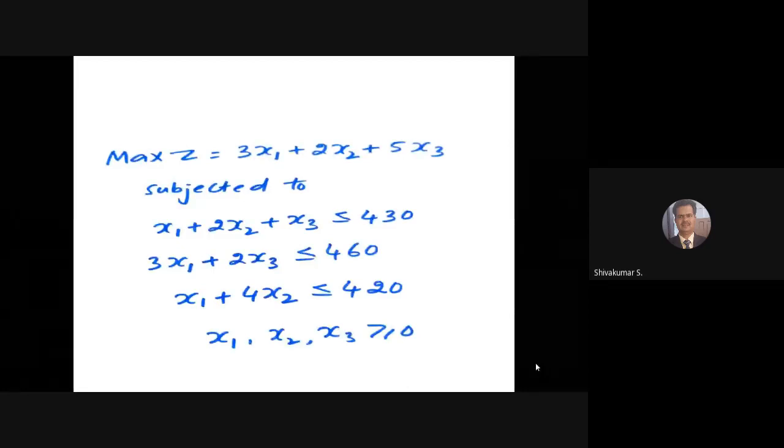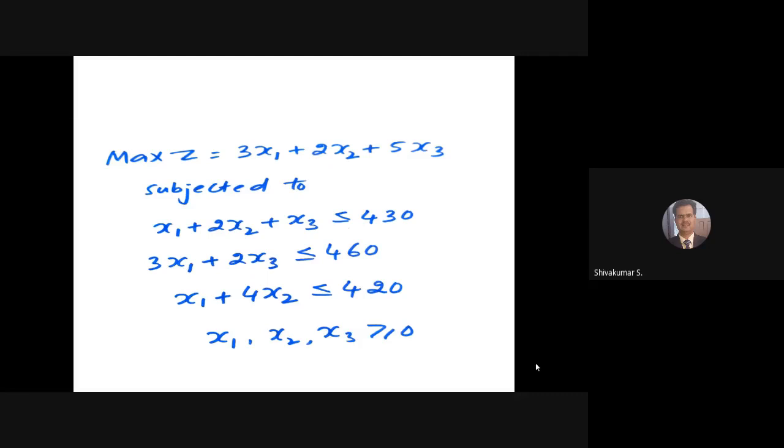Remember, if the inequalities or constraints have less than or equal to sign, you introduce one slack variable to convert it into equal sign. Understood now? Because all the equations have less than sign, you are introducing only slack variables here, s1, s2, s3 with the plus sign.